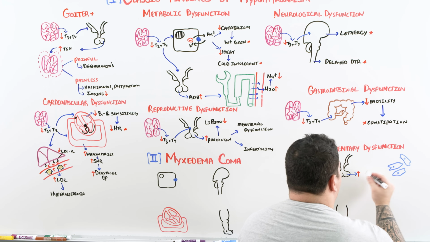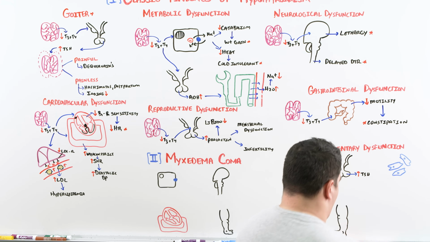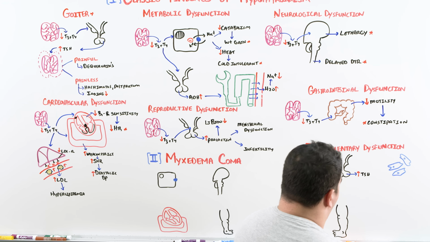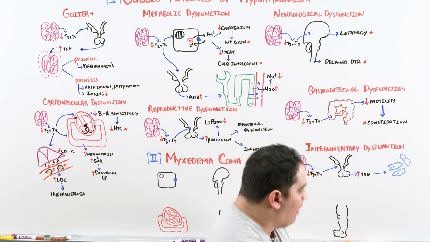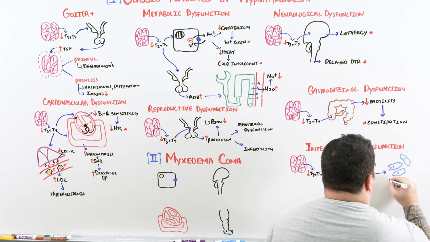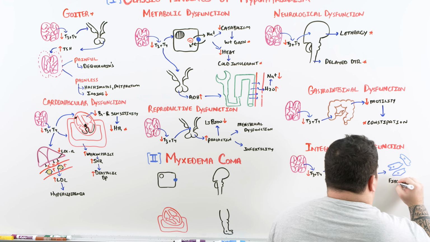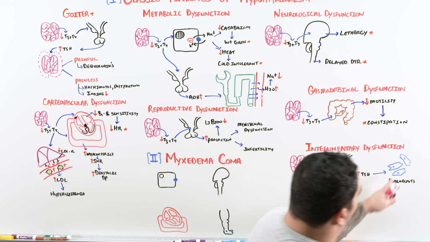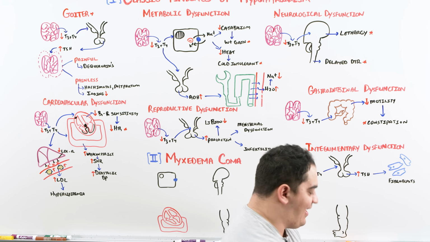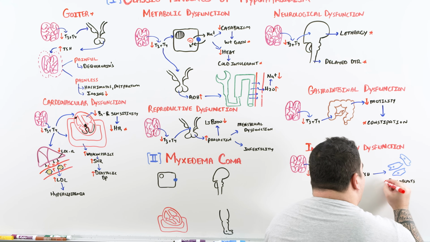If I pump out more TSH, there are fibroblasts. And these fibroblasts heavily respond to TSH. Now what fibroblasts do is that they can produce a bunch of different types of molecules, but one of the big ones that they start to release a lot of is called GAGs.